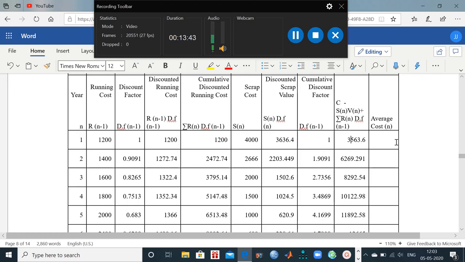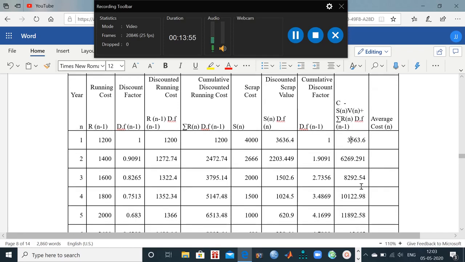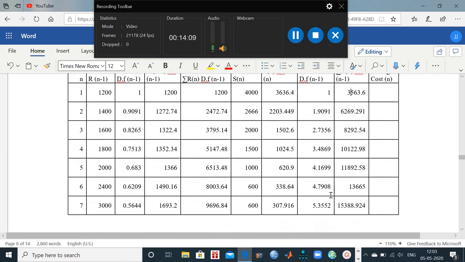And then finally, the average cost would be the total cost divided by the cumulative discount factor. So this is 3563 because the discount factor here is 1. And here it is 6269 divided by 1.9091, 8292 divided by 2.73, 10122 divided by 3.4869, and so on.